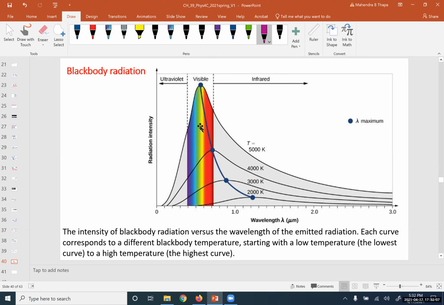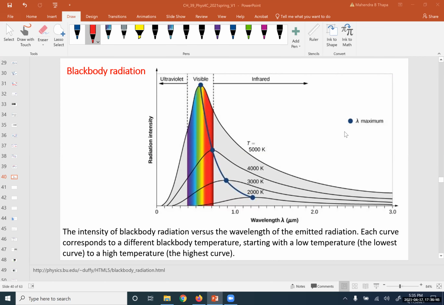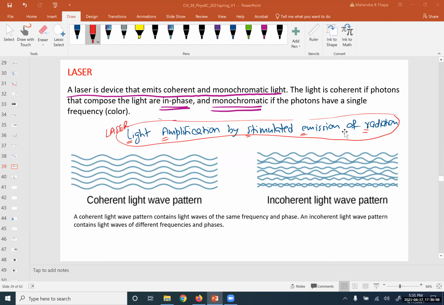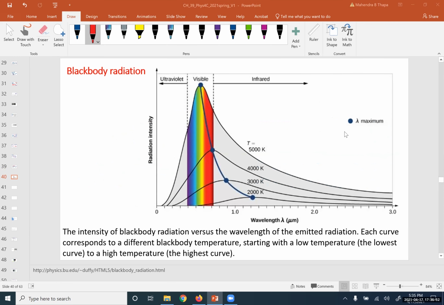This black body radiation can be explained on the basis of quantum phenomena.